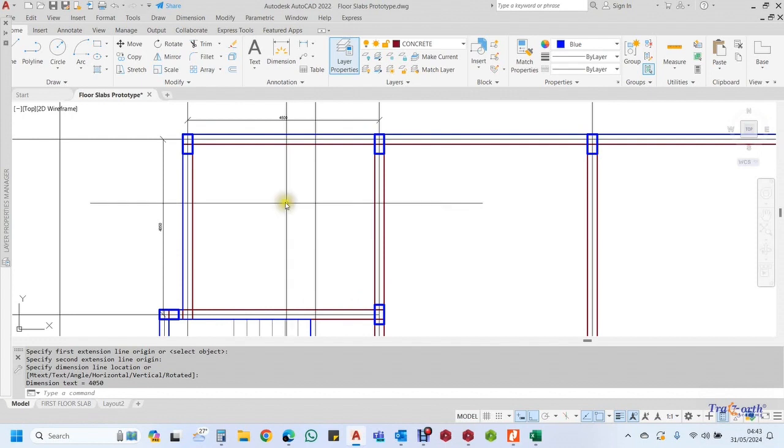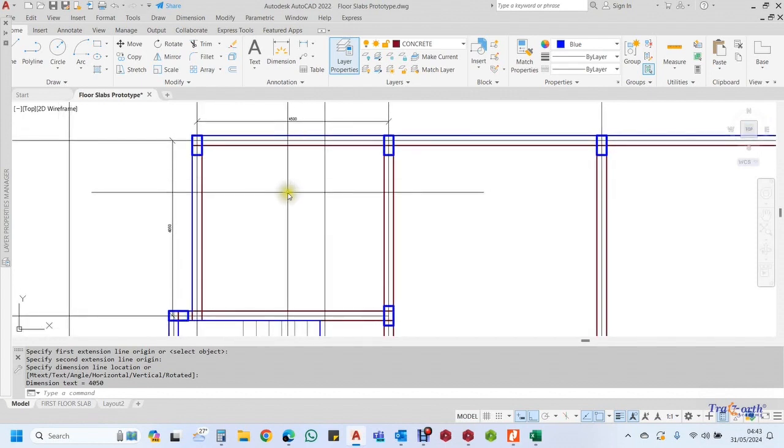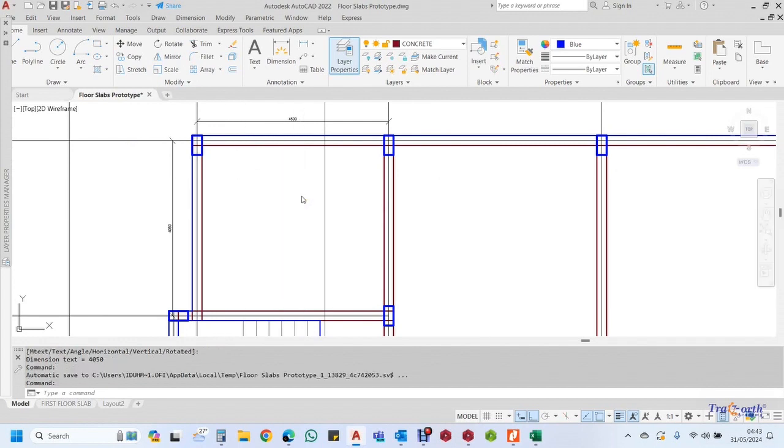Another thing you need to take note of when you are designing a slab, or even if you want to detail a slab, put it in your mind that the width you are going to be considering is 1 meter, a 1 meter unit.